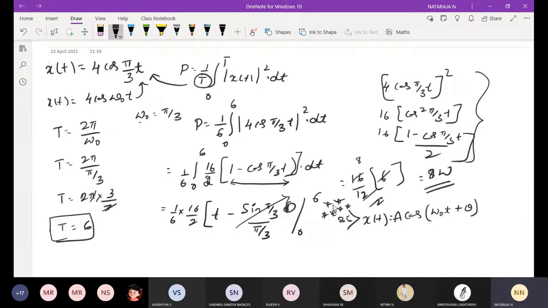But in this case, they have given the standard equation directly. Here, what is omega? We already know the relation for T: T is equal to 2 pi by omega naught. We need to take the standard equation that P is equal to 1 over T integral from 0 to T of x of t whole square into dt. The T will be 2 pi by omega naught.